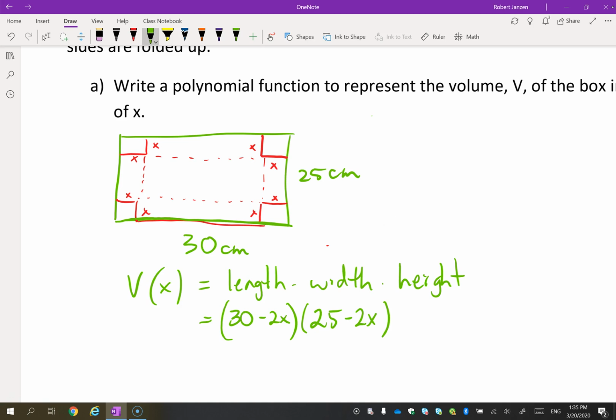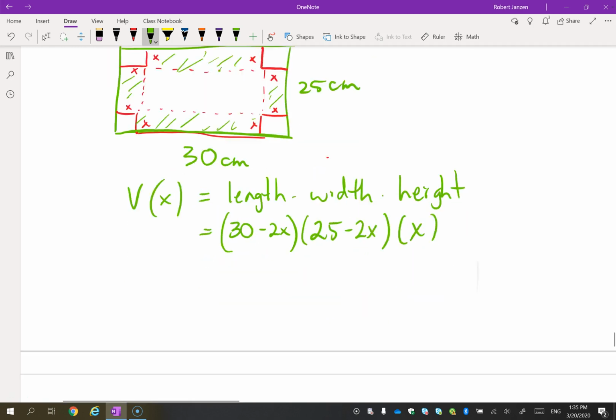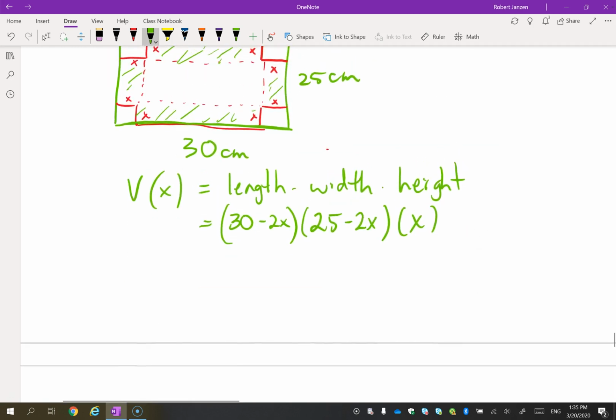And then, if we fold along these dotted lines, how high is the box going to be? Well, it will be x high. And there's your equation of a cubic function. How do I know it's cubic? Because x times x times x.